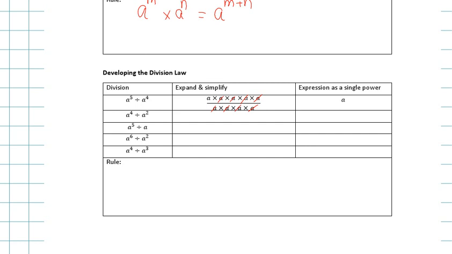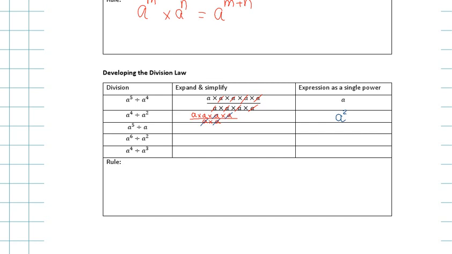So let's do another one. A to the power of 4, so that means I have a times a times a times a, divided by a times a. So what happens if I cancel here? How many a's am I getting? 2 a's. So it's going to be a to the power of 2. What do you think the next one is going to be?